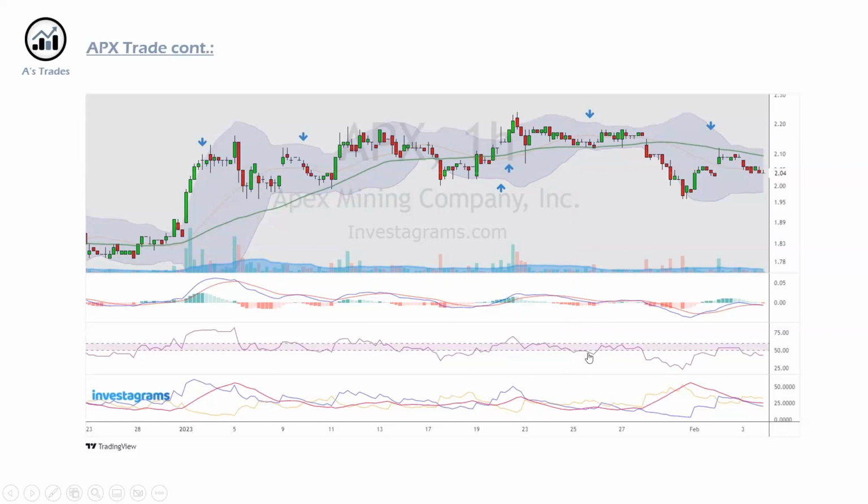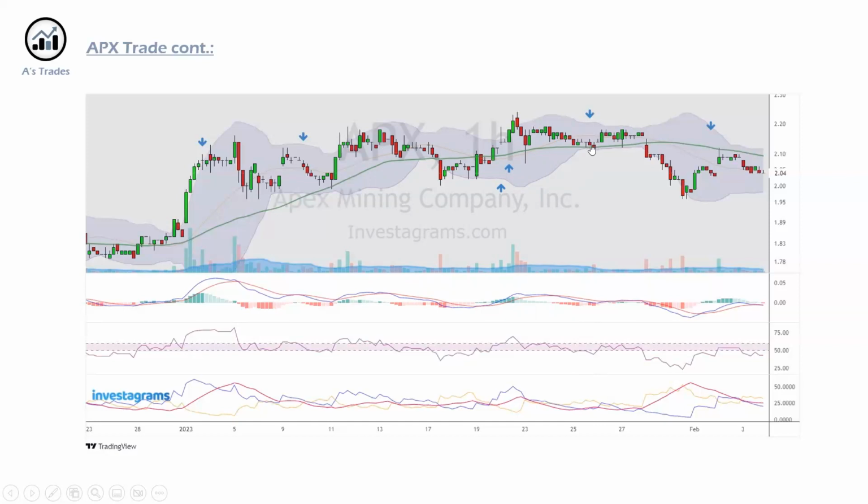And also the DMI negative, the red line, is already above the DMI positive, the blue line. So I still kept a tranche because the price is still above MA50.